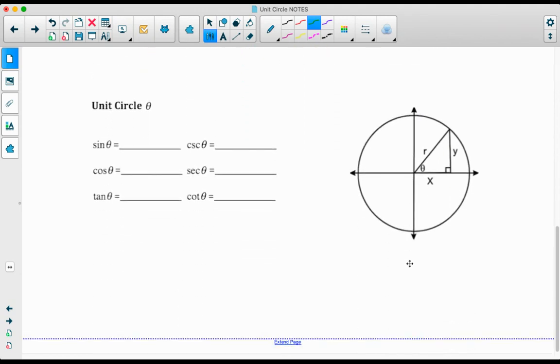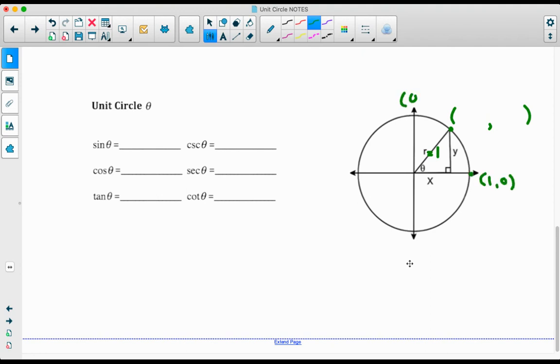Okay, so our unit circle, if we look at what's to the right, we know on this unit circle that we have an x value, y value. We're going to make our radius on the unit circle always equal to 1. Well, if that's the case, what is this particular coordinate for x and for y every single time? And you can go back to look at this. This has a value of 1, 0.